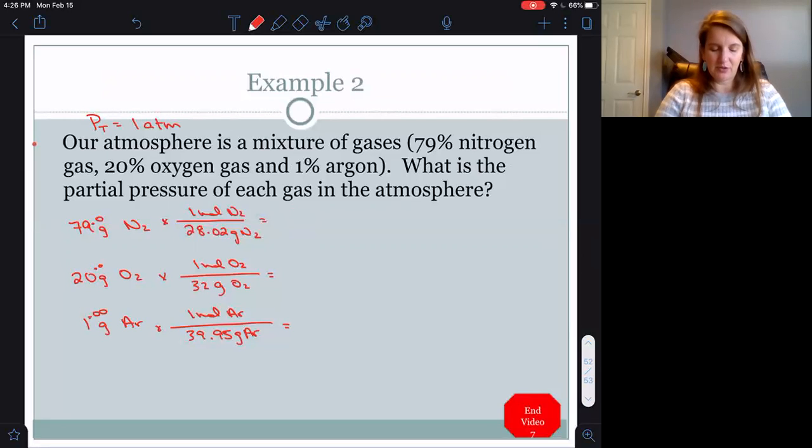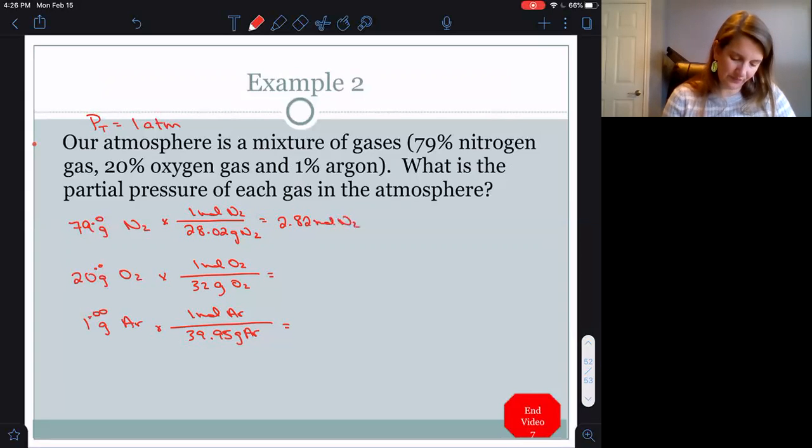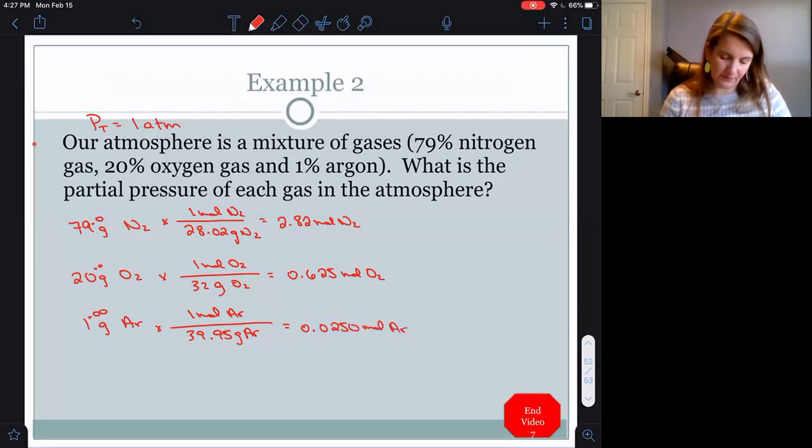So 79 divided by 28.02 gets me 2.82 moles of N2. 20 divided by 32 gives me 0.625 moles of O2, and then 1 divided by 39.95 gets me 0.0250 moles of argon.